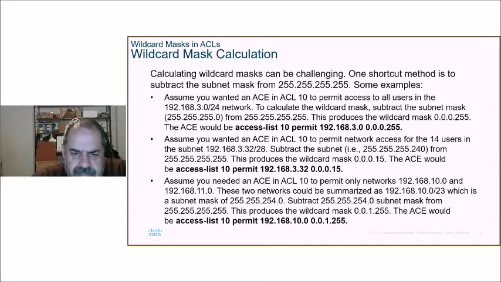So another example, you needed to permit in ACL 10 only networks 192.168.10.0 and 11.0. And so basically you could do 192.168.10.0/23. So of course, when you look at the binary, 10 of course is 1010, and 11 of course is just add 1 to that.